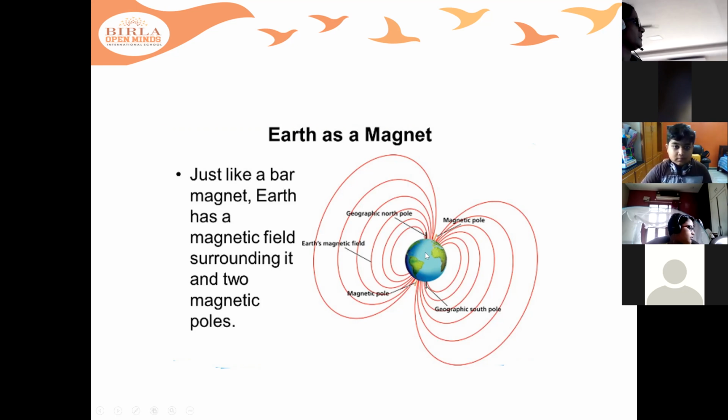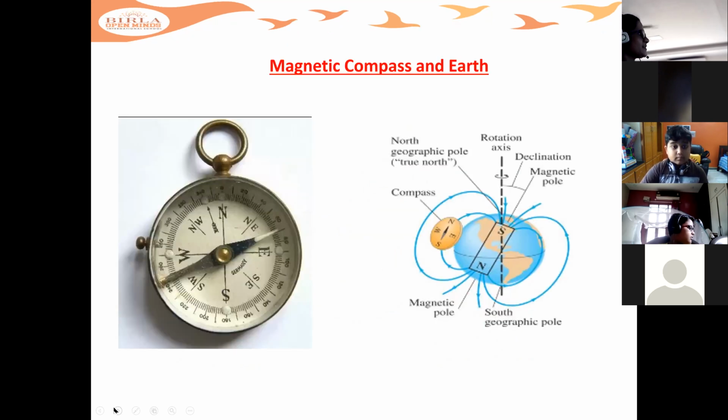So here you can see the magnetic poles, how the magnetic field is being created. This is a compass, wherein if you keep this compass here, the needle shows north and south, because the north pole gets attracted to the south.